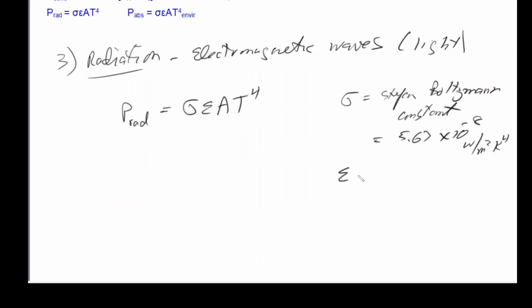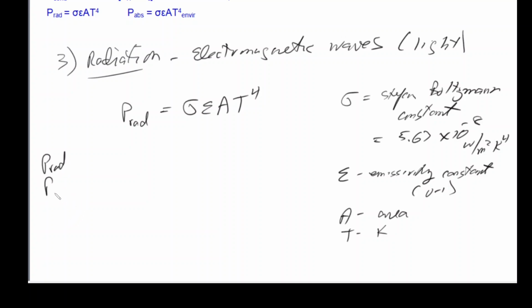And epsilon is the emissivity constant of the object, and that usually varies from 0 to 1. A is the area that the radiation falls on, and T is a temperature in kelvins. Now, I'd like to point out also that when I use P sub rad and P sub absorption for rate of radiation and absorption of energy, some textbooks will again use H for that, but it's the same thing.